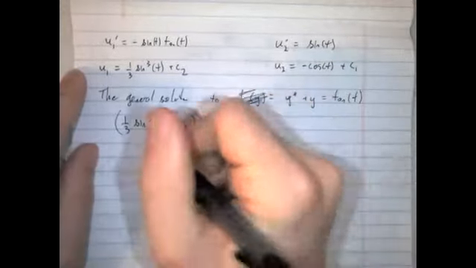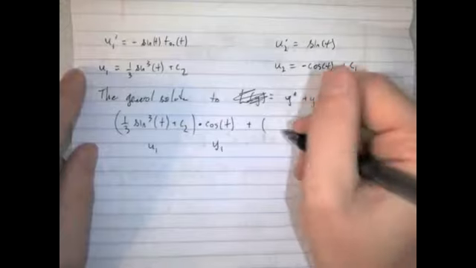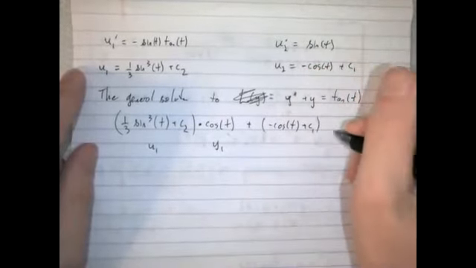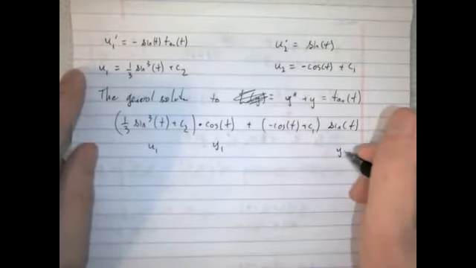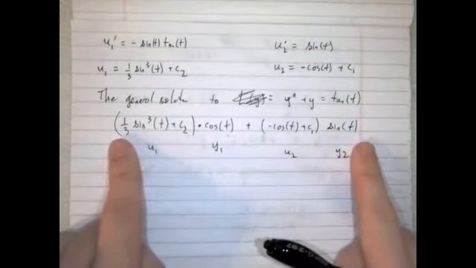This is the y1 and this is u1, plus over here negative cosine of t plus c1 times sine of t. Here is y2, u2. General solution looks like this.